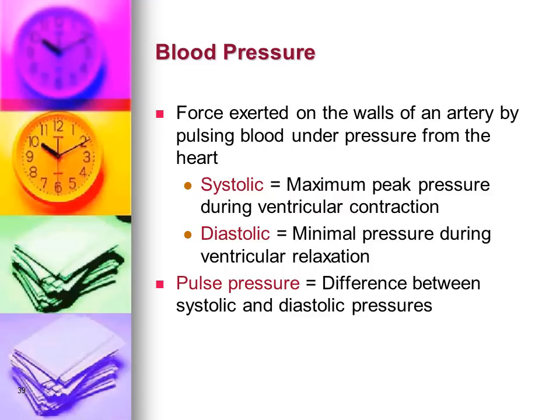And then your pulse pressure is the difference between your systolic and your diastolic pressures. Your standard unit for measuring blood pressure is millimeters of mercury, mmHg. This measurement indicates the height to which blood pressure raises a column of mercury, and you record blood pressure with the systolic reading before the diastolic.